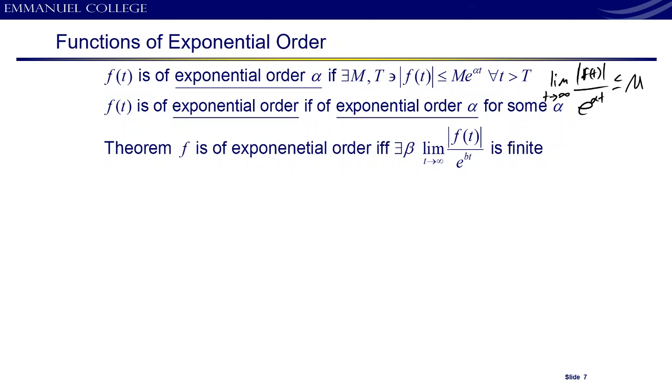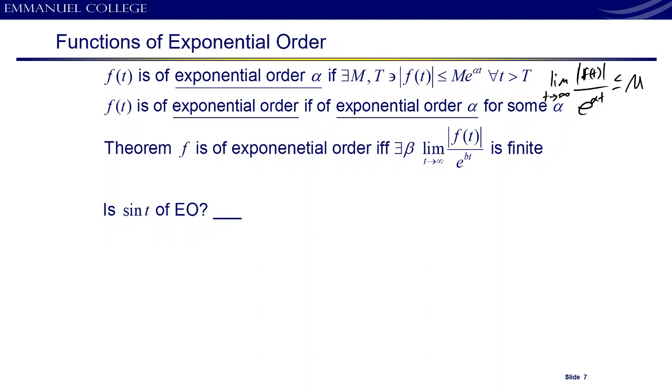Now the reason I say a positive constant is you can look at it and go, well, if the limit goes to 0, then maybe there's a finite number where this works.